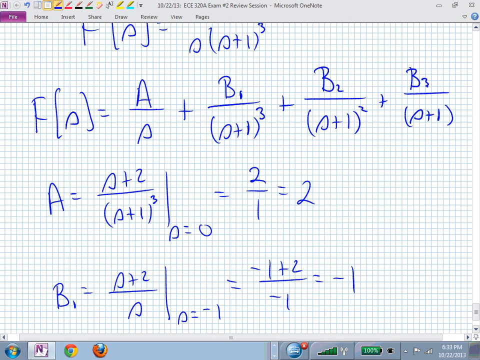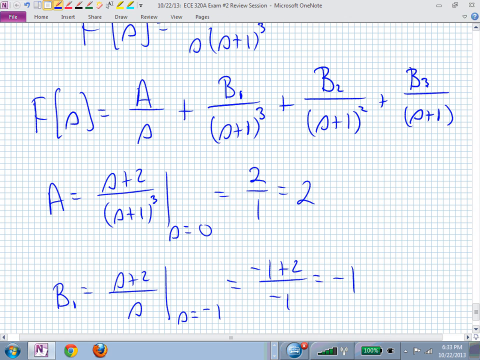Now, B2 and B3, I could pick two convenient values for S, and then I'm going to get two coupled equations. So I'm going to see, can I uncouple these and just have one equation to solve for B sub 3 and another equation to solve for B sub 2.